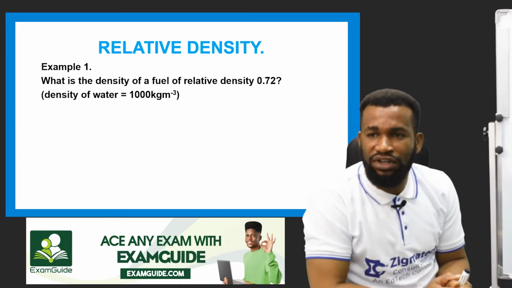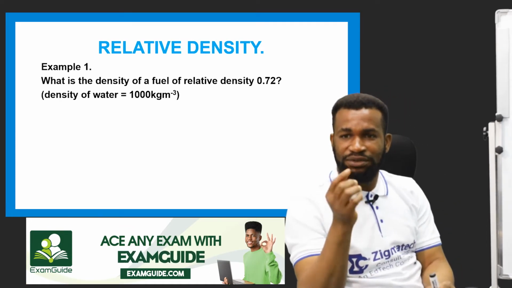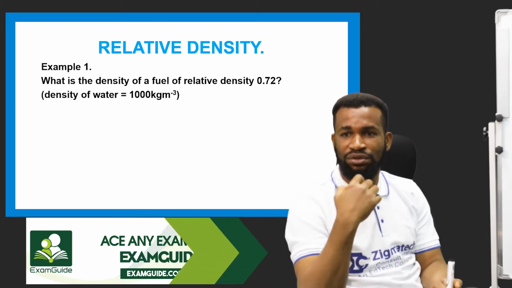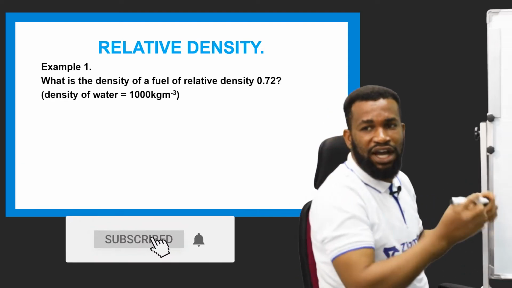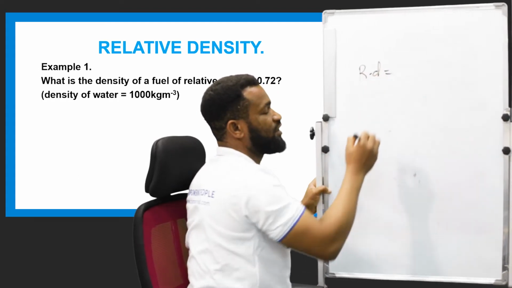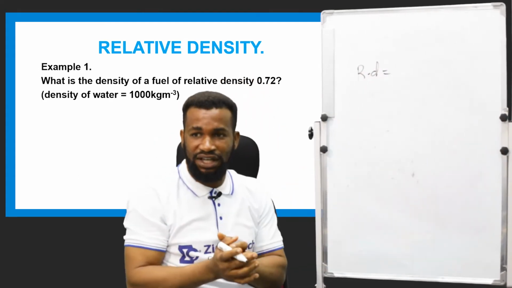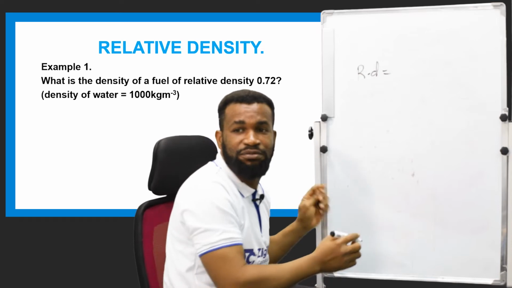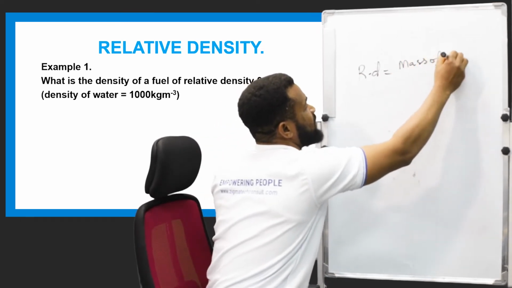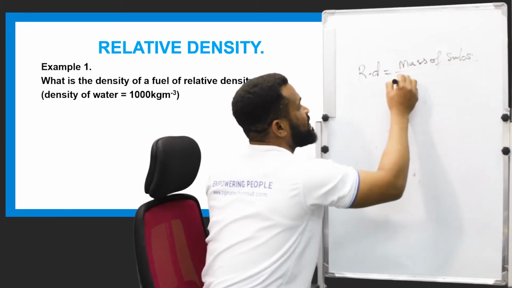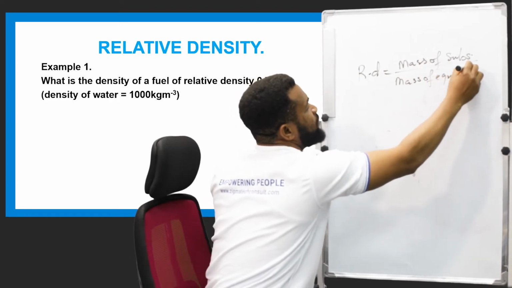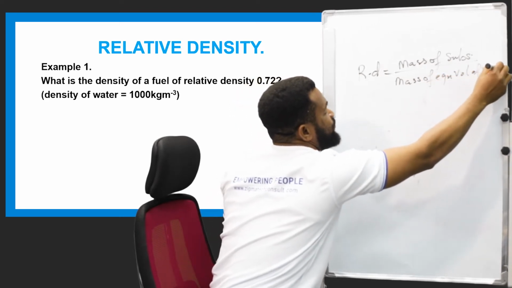Now, when we talk about the question on relative density, we said: what is the density of a fuel of relative density 0.72, while the density of water is this. According to the relation given earlier, the relative density is going to be mass of the substance over mass of equal volume of water.